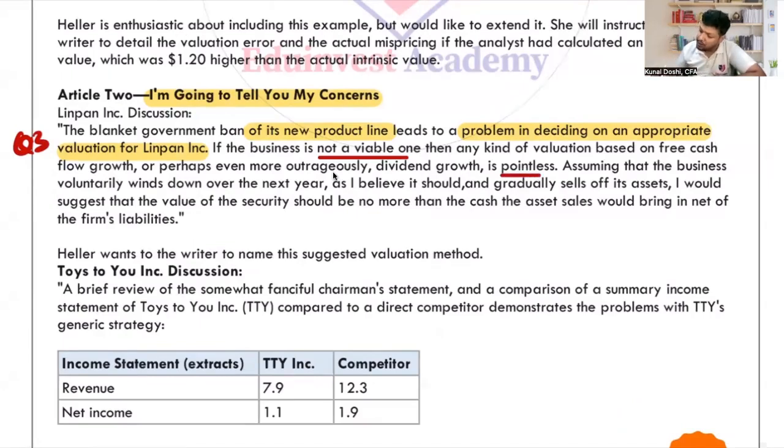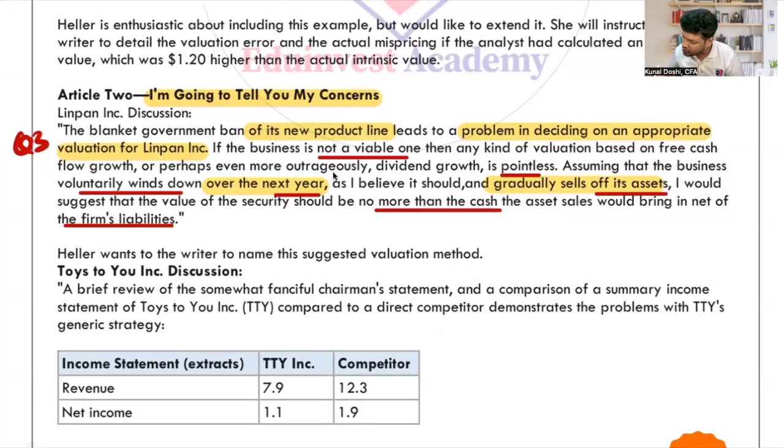True. Assuming that the business voluntarily winds down over the next year, you use the liquidation value, as I believe it should, and gradually sell off its assets. So yes, it is going to take time. It is not immediately going to wrap up. I would suggest that the value of the security be no more than the cash the asset sales would bring in, net of the firm's liability.